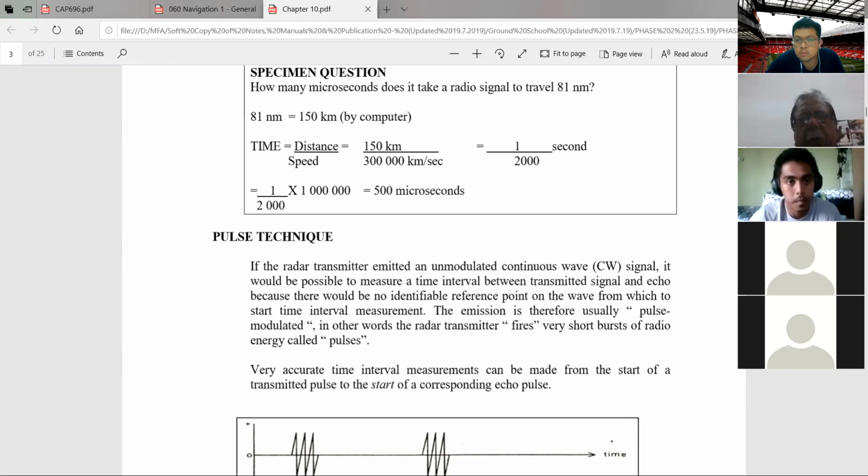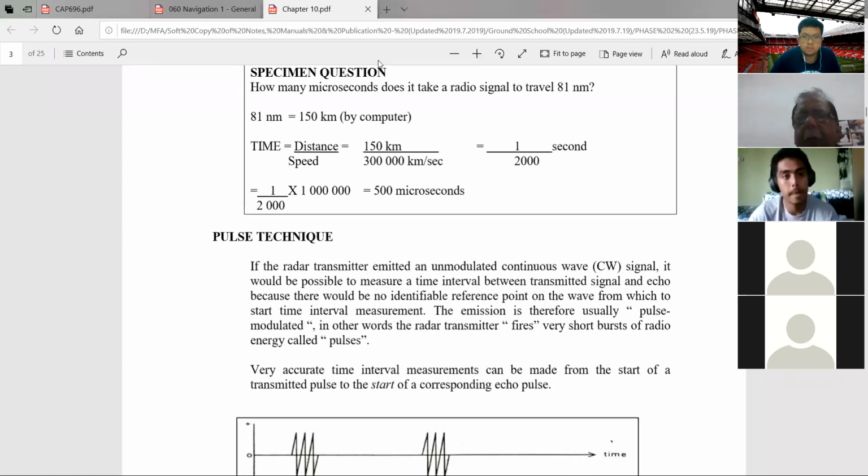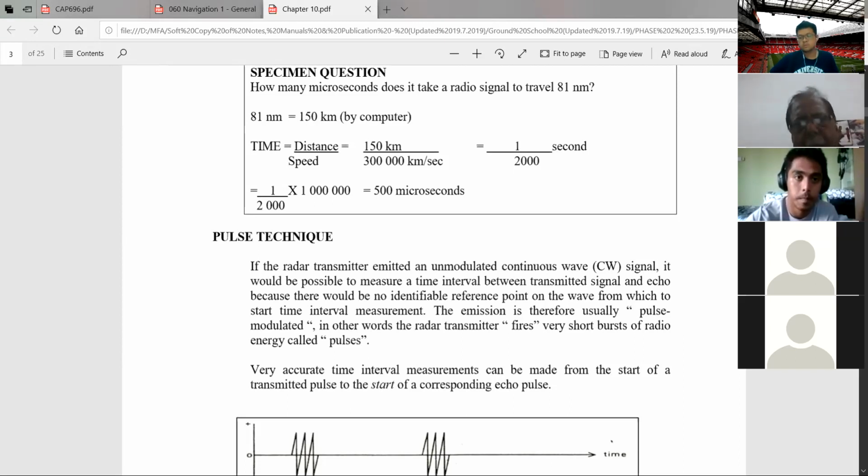If you have a continuous radio wave from a radar transmitter, where you transmit a beam of radio energy which is constant, a continuous wave radar, then you keep transmitting one particular beam and the same beam keeps coming back. As such, because of the timing of the transmission and the reception, the receiver is unable to identify which part of the beam has just come back.